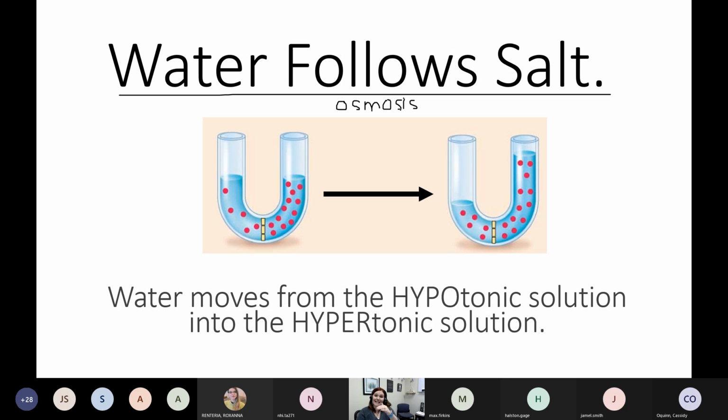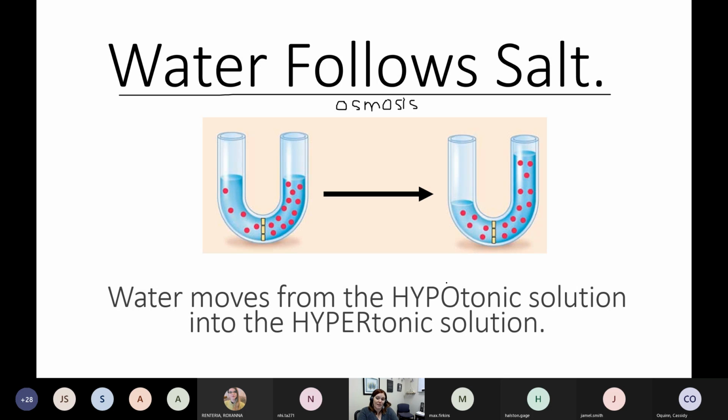If it was going into the cell, it was because there was a higher concentration of salt in the cell. So when you're looking at osmosis, wherever we have more of those dissolved things, water is like, I want to get in there. So when you're thinking about osmosis, short and sweet, it's water following salt, moving toward the dissolved thing.